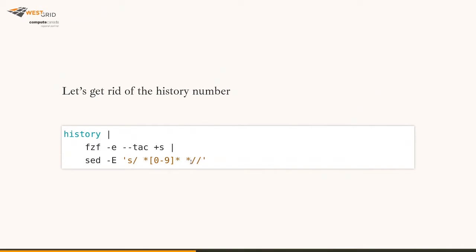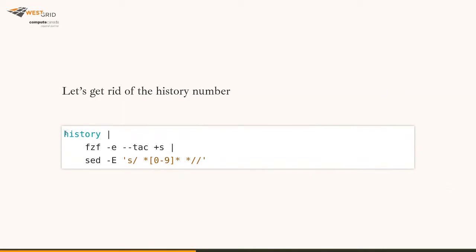I'm basically deleting this regular expression because I have nothing here. The star means zero or more characters. So I will be looking for zero or more spaces, followed by zero or more digits. This thing symbolizes digits in regular expressions, followed again by zero or more spaces. All of that, I will get rid of.